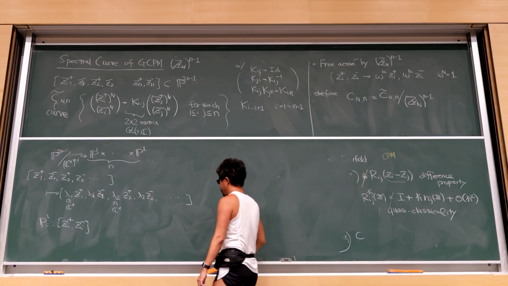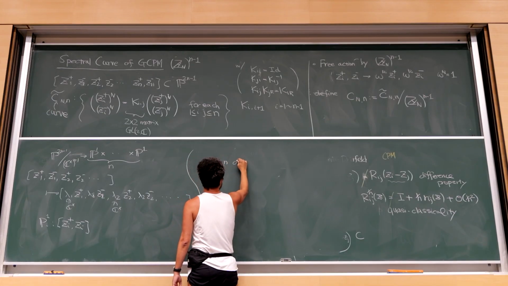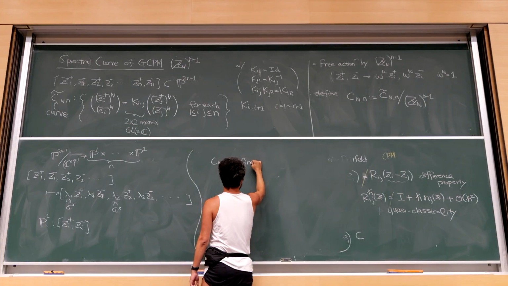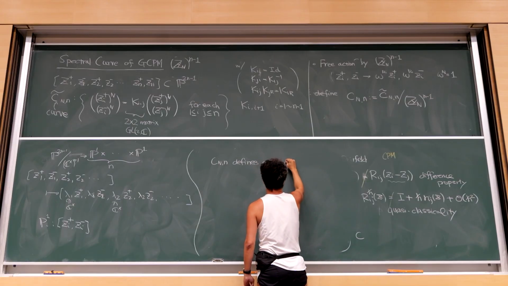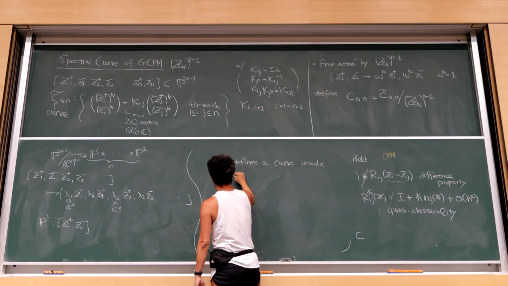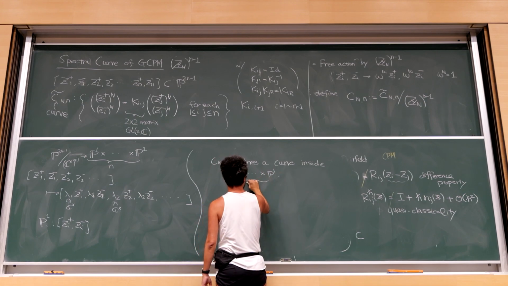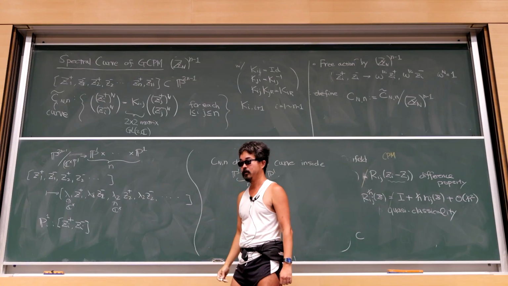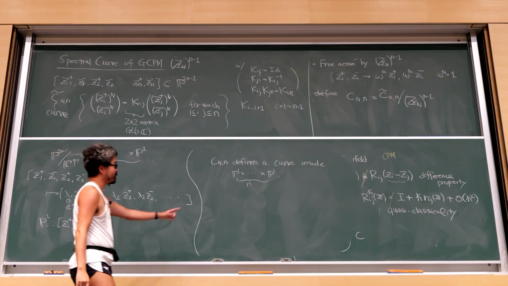So this defines a set of curves, a curve inside the copies of P1. And now, once you have that, you can in particular take the ith copy and the i plus 1 copy.